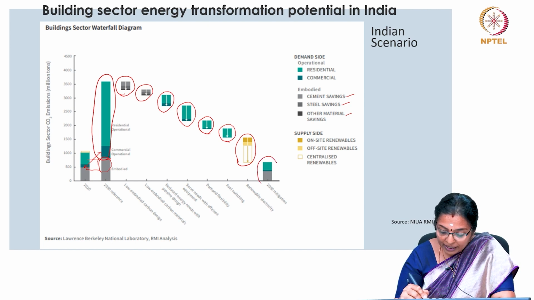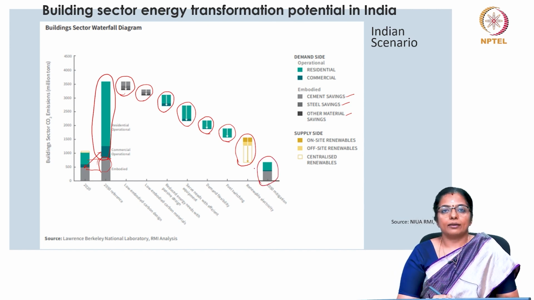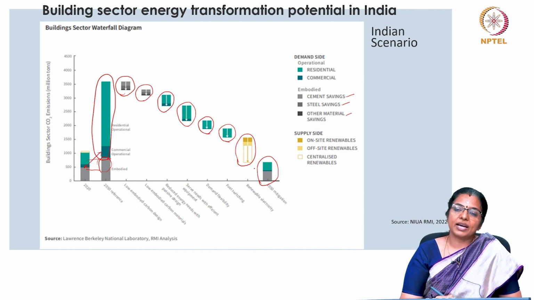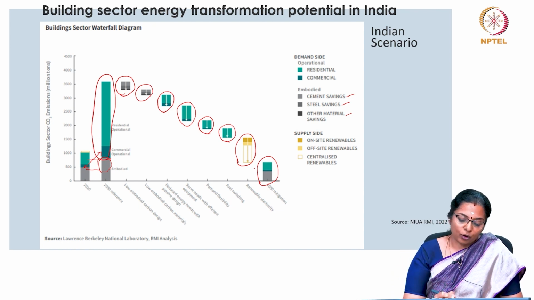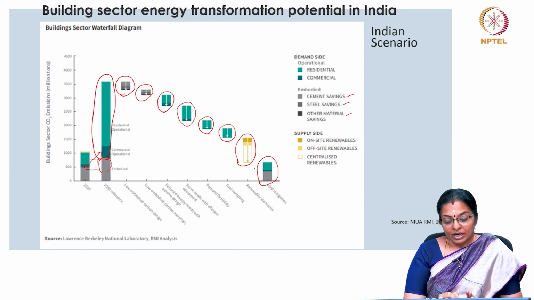Therefore, we will be able to mitigate significantly embodied carbon emissions by the year 2050 if we follow low embodied carbon design, low embodied carbon materials, reduced energy needs with passive design, if we use appropriate energy efficient equipments, if we are able to switch to greener fuels, and if we fall back on renewable electricity.